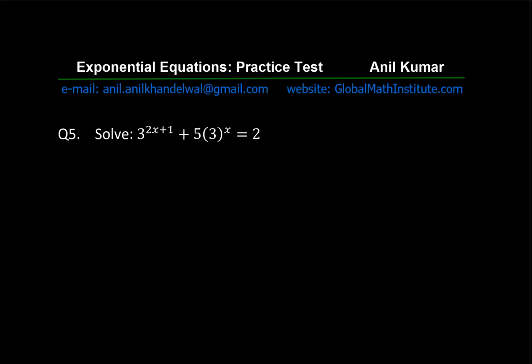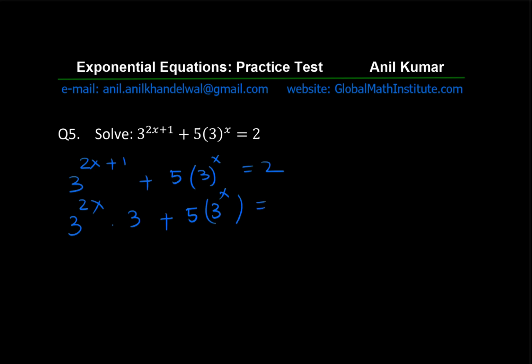So what we have here is 3 to the power of 2x plus 1 plus 5 times 3 to the power of x equals 2. So this is 3 to the power of 2x times 3 plus 5 times 3 to the power of x equals 2.